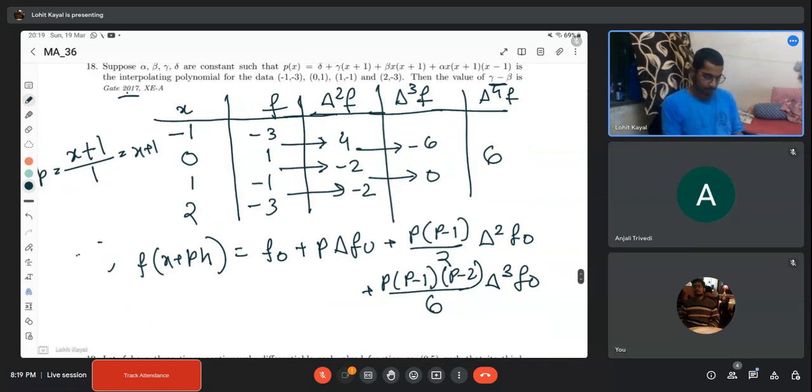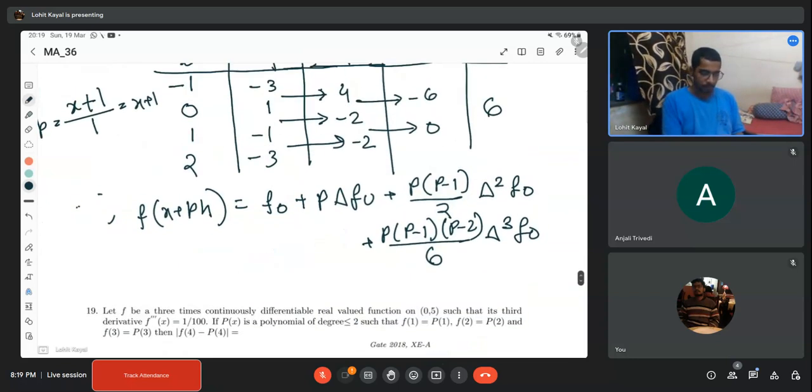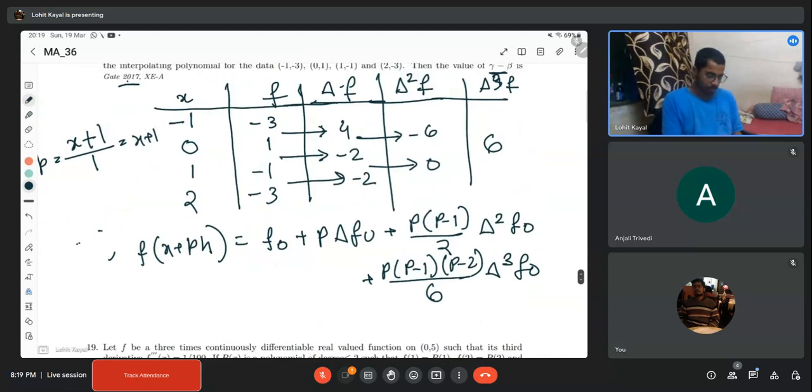Just a moment. So this is delta f, delta square f, this is delta cube f.